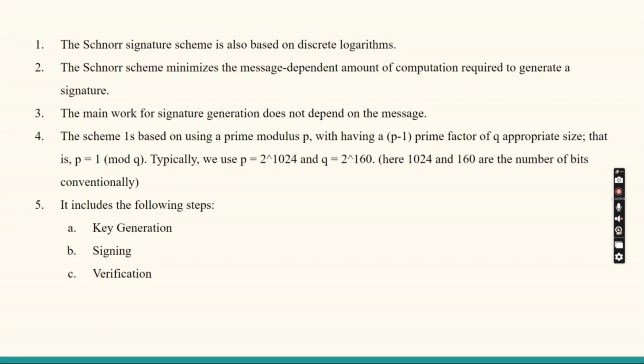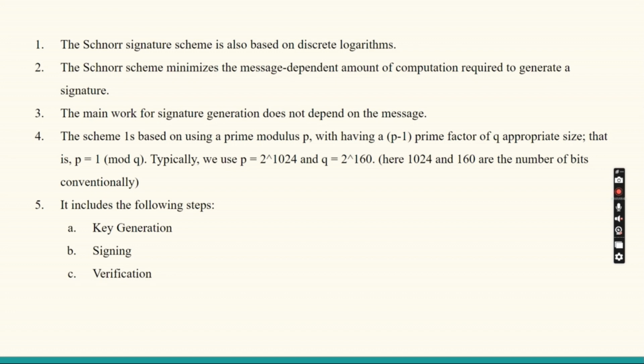The scheme is based on using a prime modulus p, with p minus 1 having a prime factor q of appropriate size, that is p is equal to 1 modulo q. Typically, we use p of 2 raised to the power 1024 and q of 2 raised to the power 160. Here, 1024 and 160 are the numbers of bits conventionally.